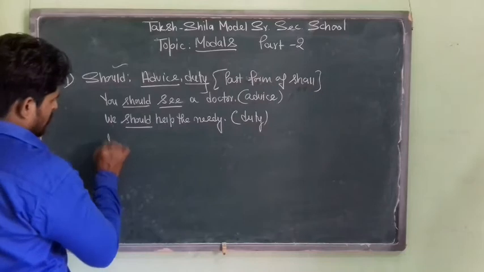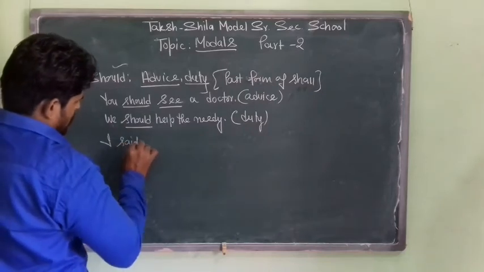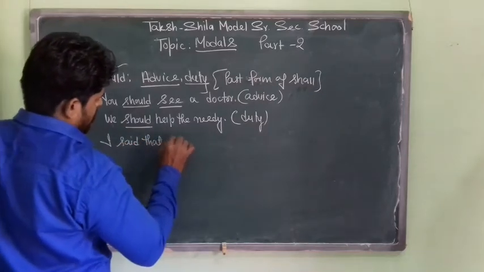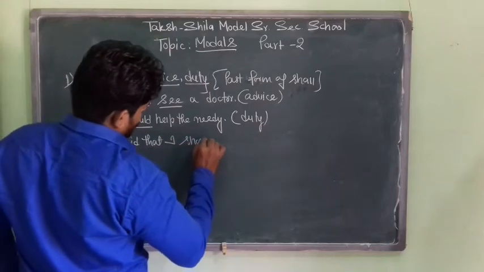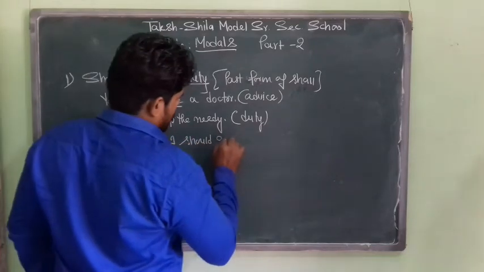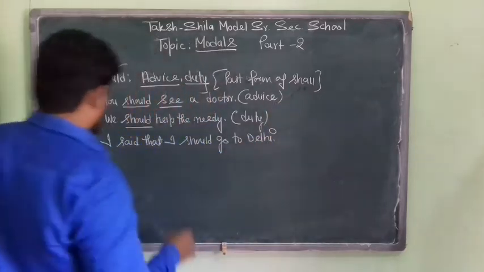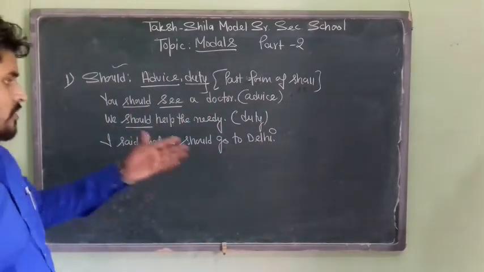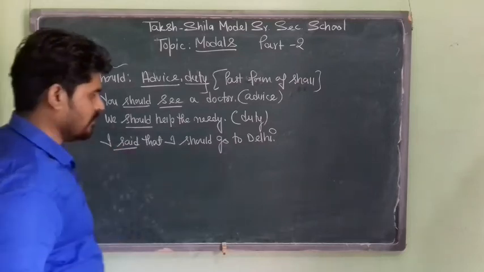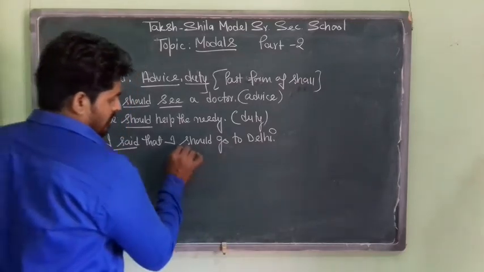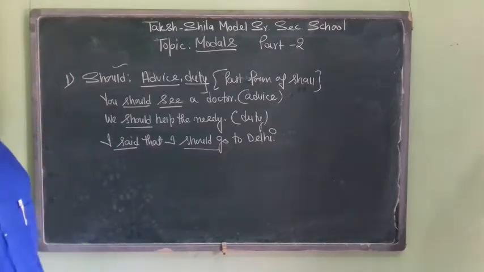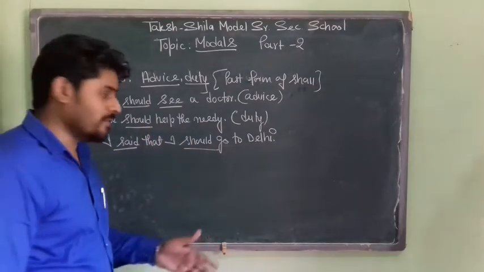For example, I said that I should go to Delhi. So students, in this sentence I said that I should go to Delhi means I said something in the past, and I said something for the future, that there is something that I will do in future.